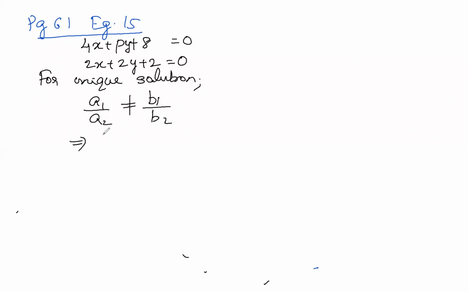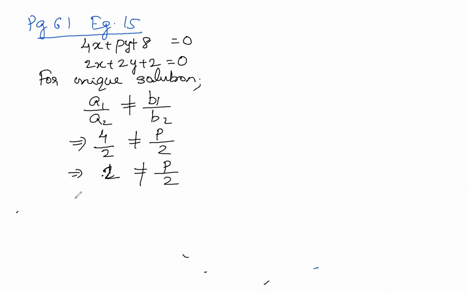We will substitute A1 by A2. Ram Prakash, A1 by A2. Tell me the substitution. So 4 by 2 is not equal to P by 2. Okay, 4 by 2 means it is 2, right? So 2 is not equal to P by 2.